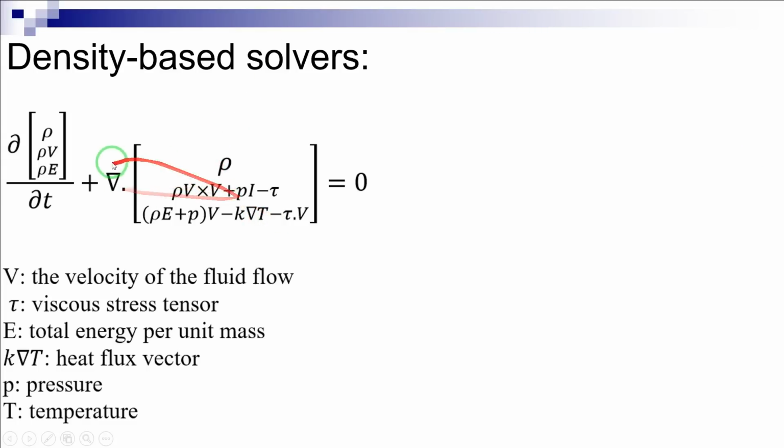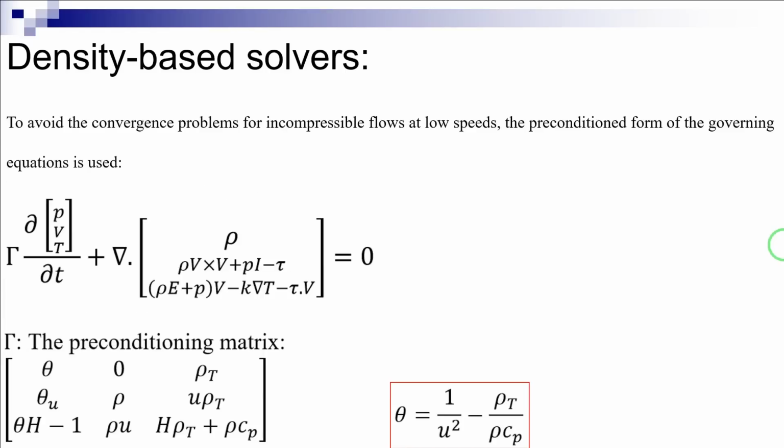To avoid convergence problems for incompressible flows at low speeds, where it is known that this system of equations becomes stiff, the preconditioned form of the governing equations is usually solved, as shown here. Gamma here is the preconditioning matrix, which is defined in this equation, where theta is defined here.